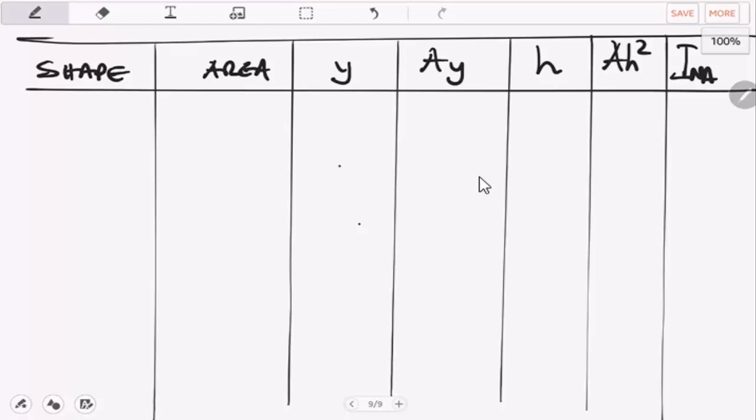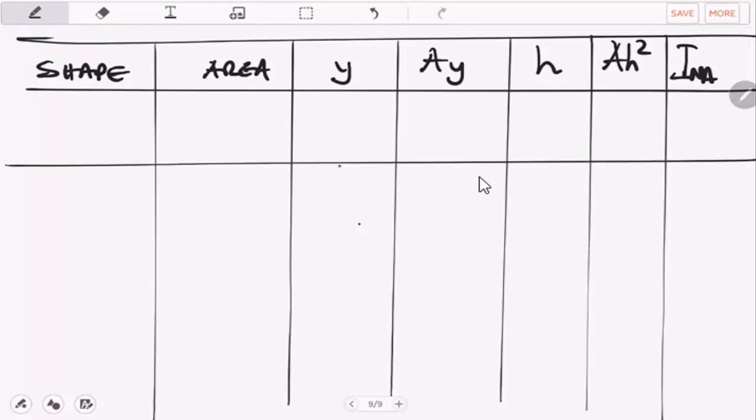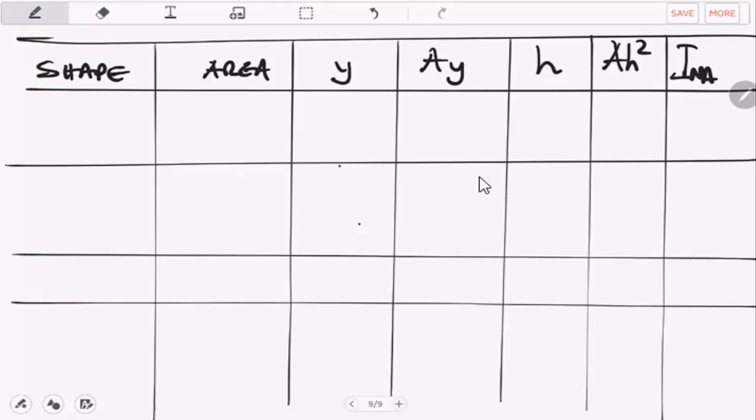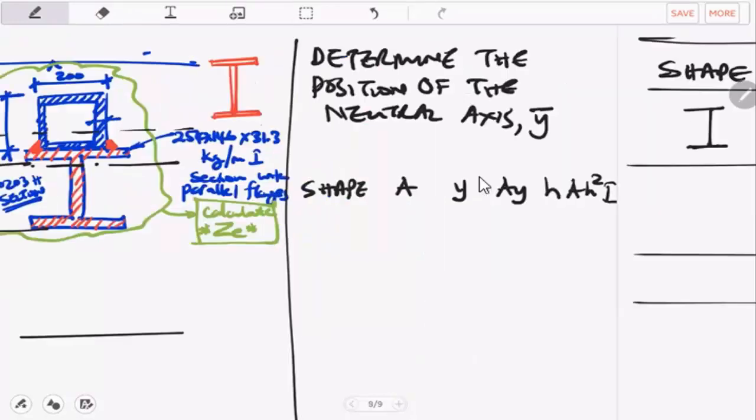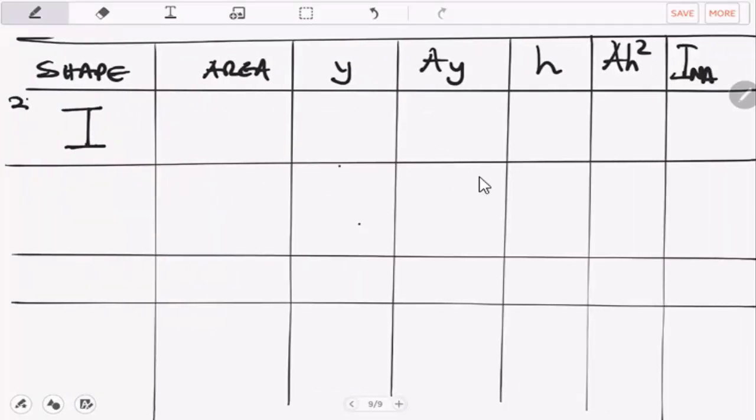We've got shape 1 and shape 2, and we're going to get the total. Shape 1 is the I section. What size are we dealing with? We are dealing with the 254 by 146, 31.3, 254 universal beam 31.3.